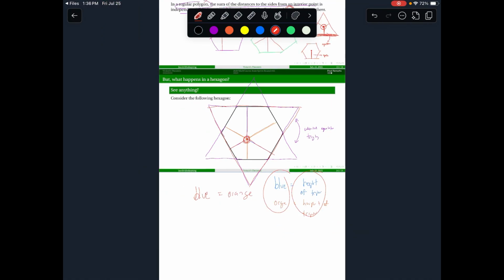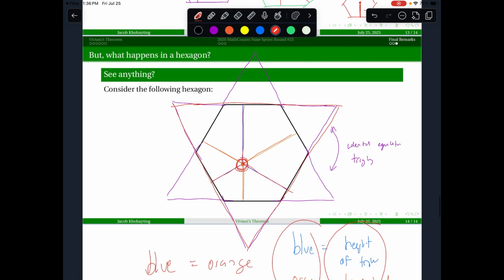That's a beautiful thing to notice here in this diagram. And that's just a beautiful property that you can get by applying Viviani's theorem to all different things, and you can get some beautiful results. So I encourage you to maybe look into this more deeply and see what else you can discover.